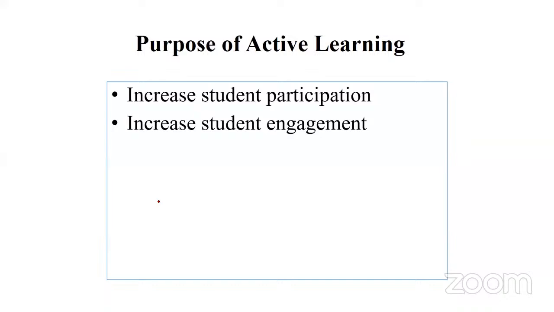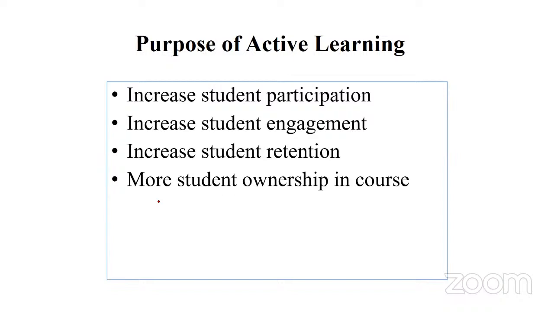Now we should know the purpose of active learning. Obviously, it increases student participation, because it's student-centric learning, not teacher-centric learning. Engagement also increases. Retention, I already mentioned in the graph, is nearly more than 80 to 90%.